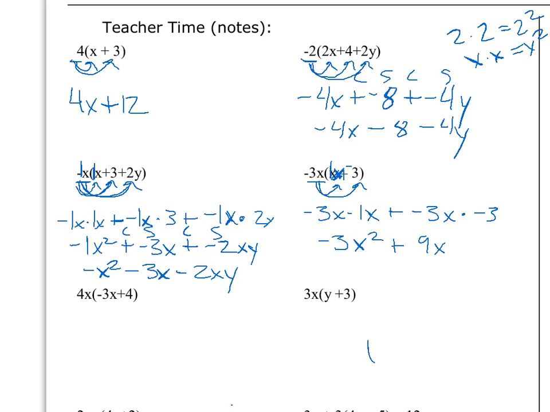Mr. LaRue. So the 9x is from this second distribution, the negative 3x times the negative 3. So I've written that distribution down here. And the negative 3 times the negative 3 gives me the 9. And the x has nothing to multiply with, so it just becomes 9x. Okay?